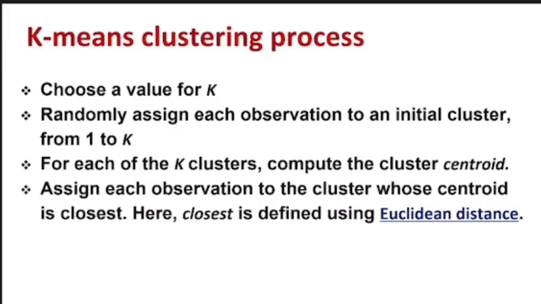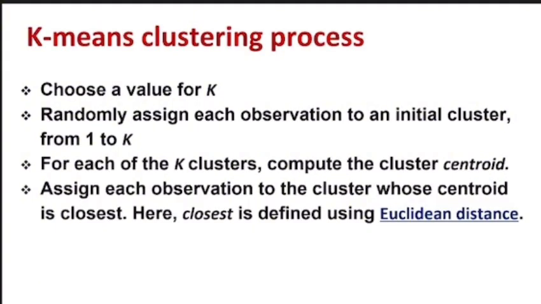Then I'm going to reassign everybody again. I will assign you to a particular cluster where the value that you have is very close to the centroid. I'm going to say that again. After having 5 centroids, the centroid here is like an average, like you're having 5 means.